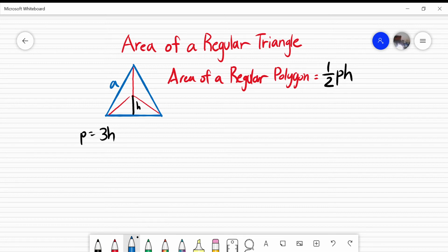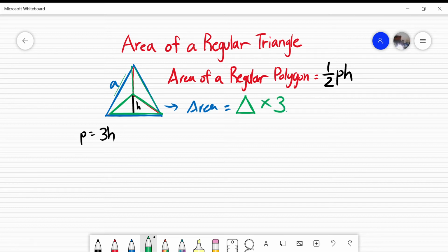And in fact, in general, we can see that the area of this triangle is this green triangle times 3.